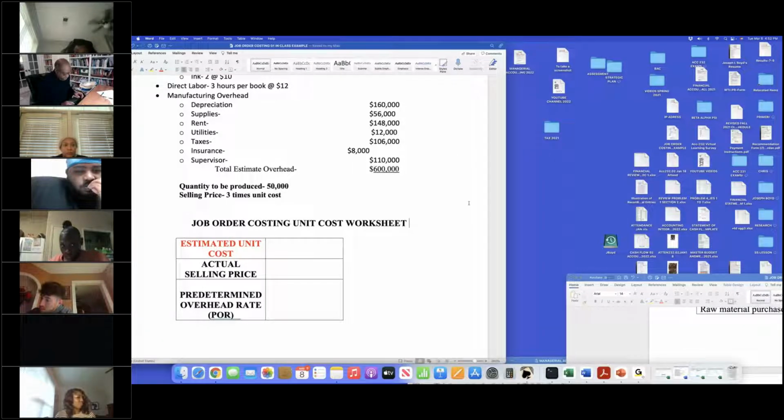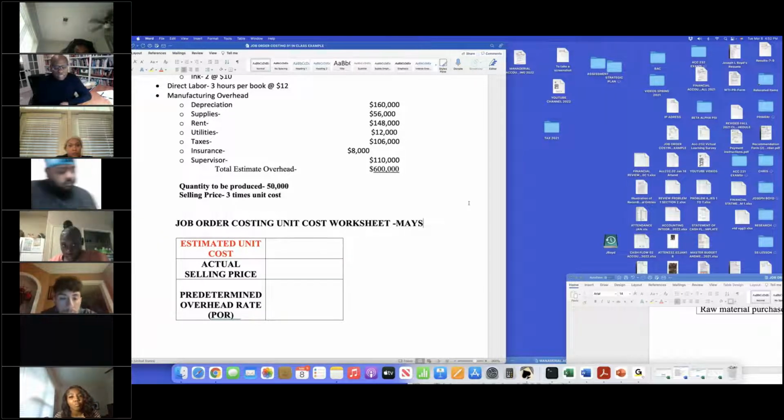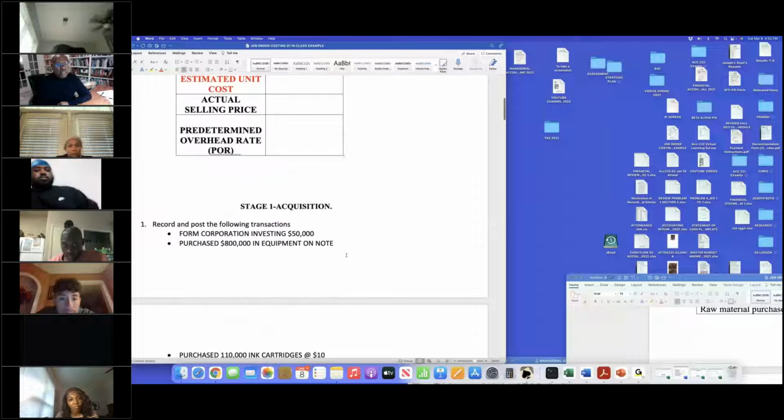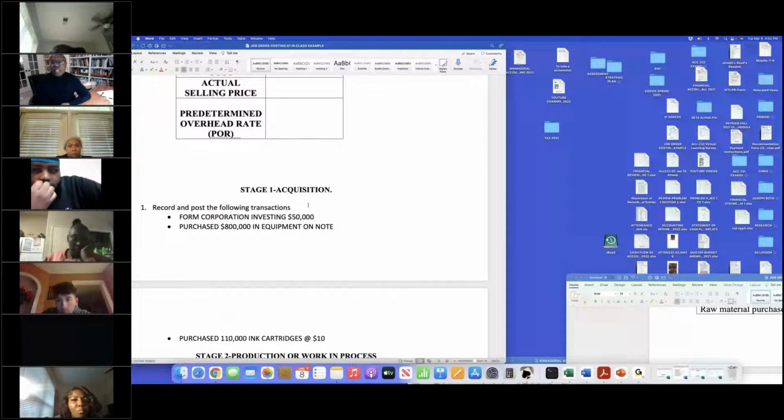So Mays, you got the first one. You got to come up with the unit cost, selling price, and POR. Then hopefully you will give that to somebody. Wooten, you got this next set of journal entries, the acquisition journal entry. So this is Wooten. You got to make these journal entries.